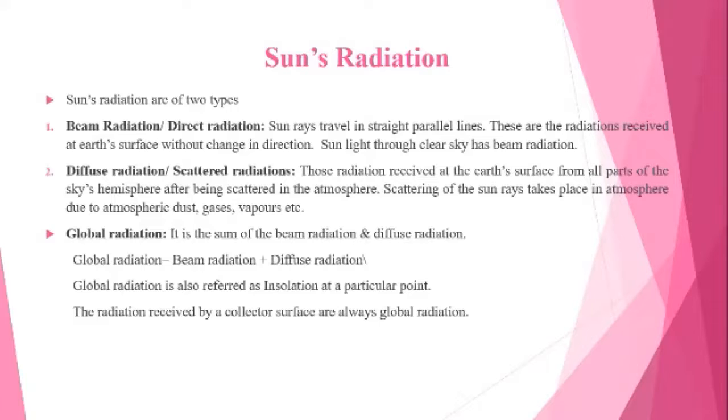From the name, we can say this radiation is in the form of a beam, or direct light. In beam radiation, sun rays travel in straight parallel lines. These are radiations received at the Earth's surface without change in direction. Sunlight through a clear sky has beam radiation.